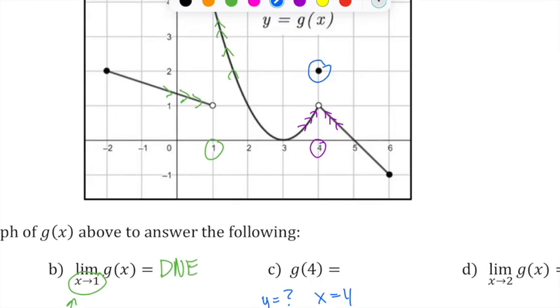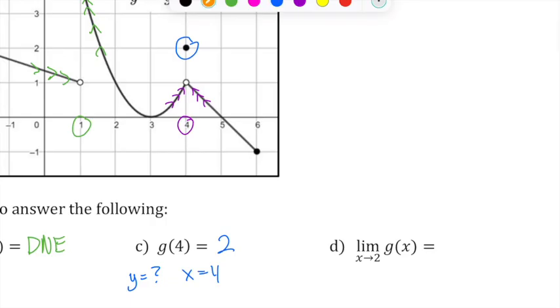And that is this value of 2. Okay, lastly, let's do this one. As we approach 2, and again, we have to go from the left and the right. It looks like they're both approaching a value of 1. And again, this is approaching x equals 2 from the left and the right.